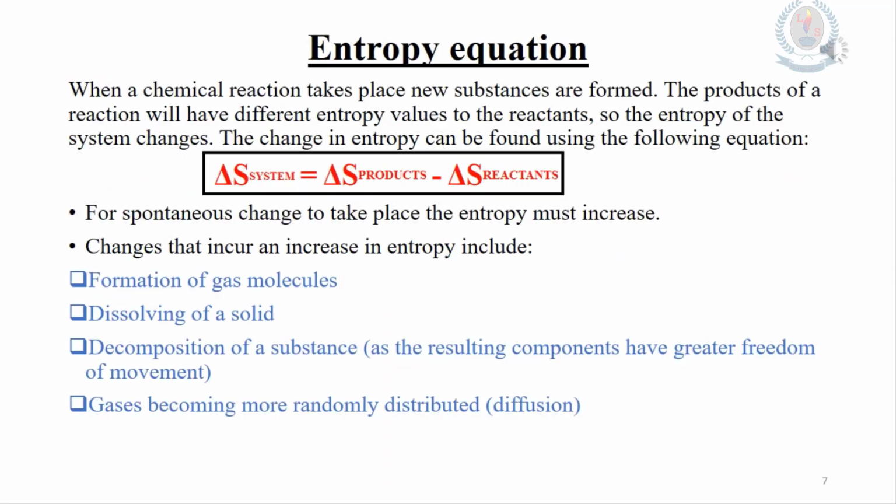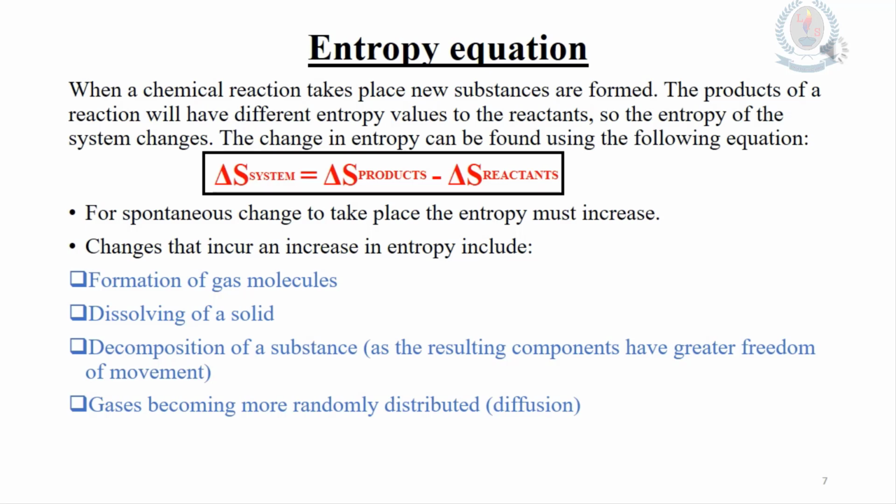Now we will learn the entropy equation. When a chemical reaction takes place, new substances are formed. The products of a reaction will have different entropy values to the reactants. So the entropy of the system changes. The change in entropy can be found using the following equation.